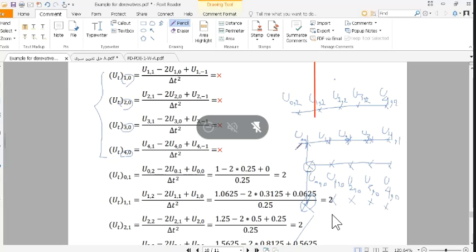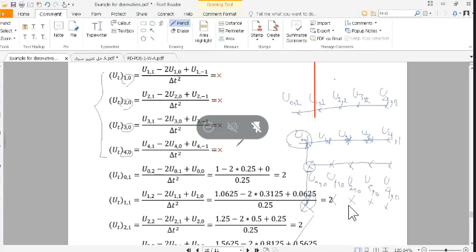I'm trying to compute utt at 0 and 1. I should use the information about u0 and 0 and also u0 and 2.